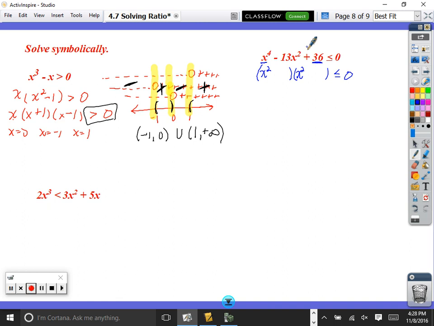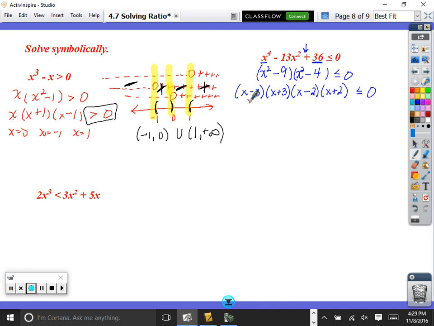The factors of 36 that add up to 13: 9 and 4. Sum, same sign, so both must be negative. This factors further: x minus 3, x plus 3. This also factors further to x minus 2, x plus 2.